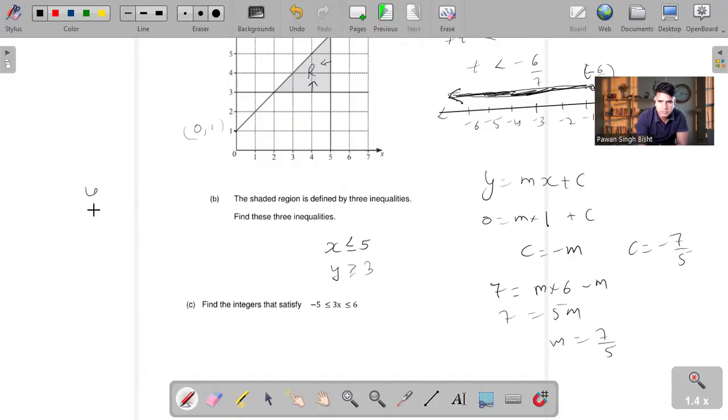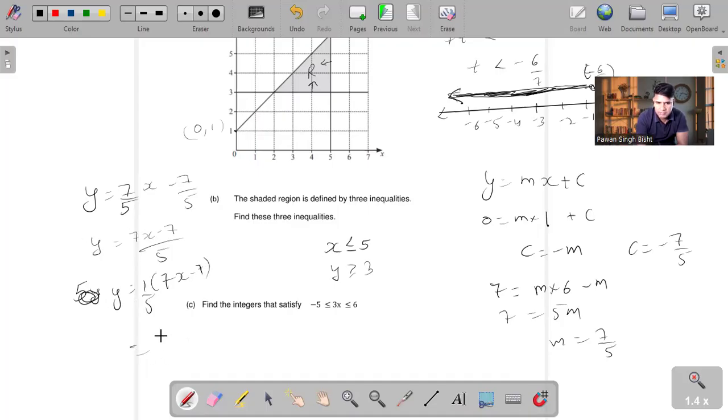So what will be my equation? y equals 7 upon 5 x minus 7 upon 5. 5 is common in the denominator: 7x minus 7 upon 5. 5 goes this side, 5y, or we can just write 1 upon 5, 7x minus 7.